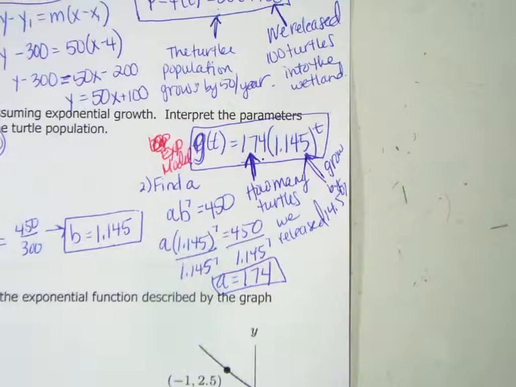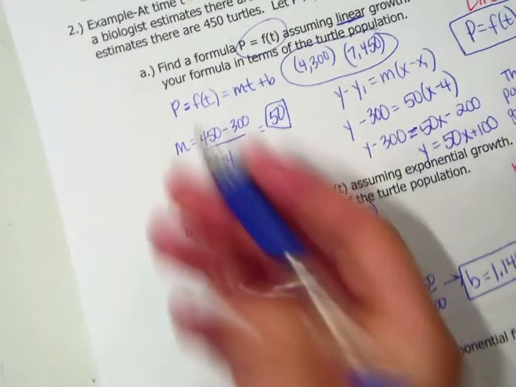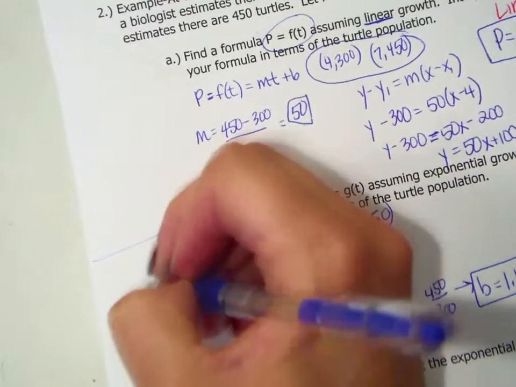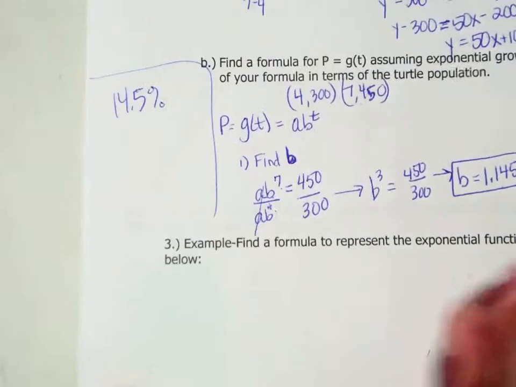Okay, what questions? Are you overwhelmed at all? Sydney? How did you get 14.5 from 1.145? Okay, that's a good question. So remember last class, let's say we were given that the growth rate was 14.5% per year.